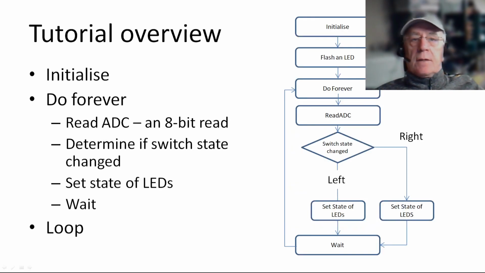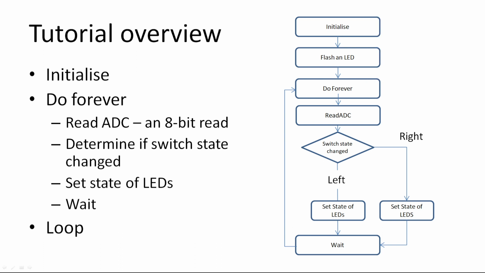So how's it going to do this in terms of flow? We're going to initialize the board. Most of that's done automatically for you. We're going to have a do forever loop. We're going to read the ADC. I'm going to use an 8-bit read. This is a 12-bit read capable chip, but I'm going to use 8 for a particular reason, and it will become apparent.